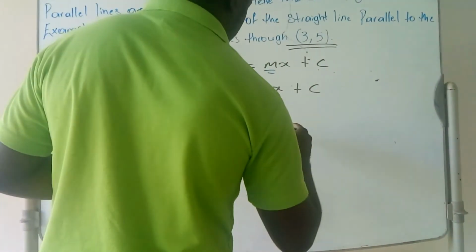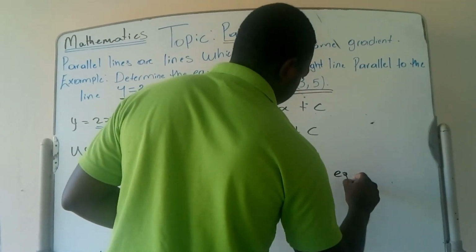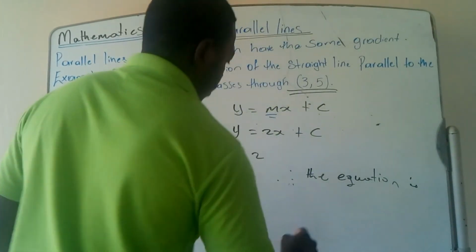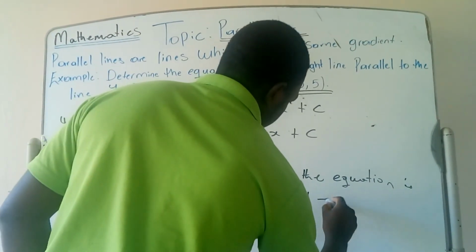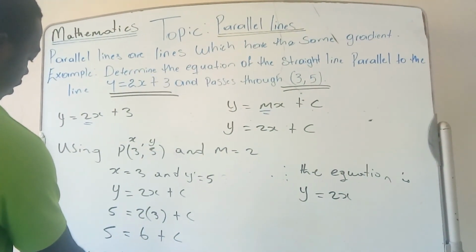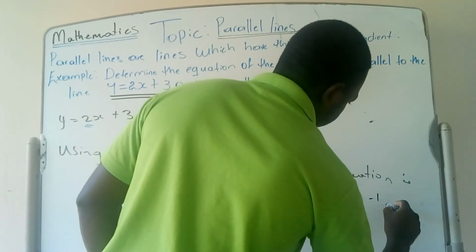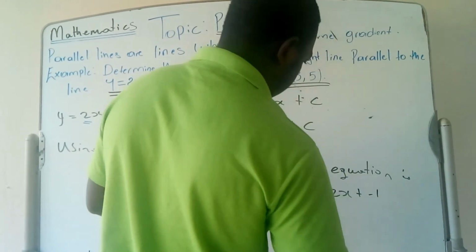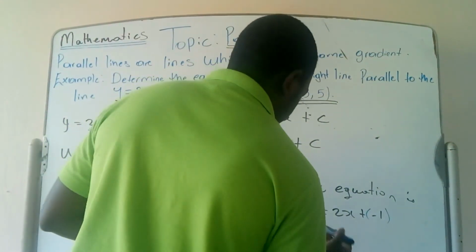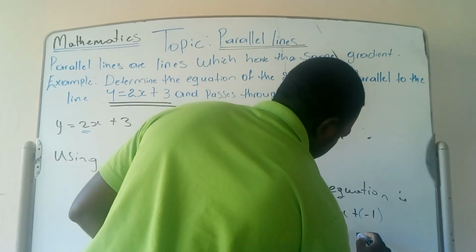So now, therefore, the equation is y equal 2x, and here our c value is negative, so it is plus negative 1. We could put this plus negative 1 in brackets. Now this is the same thing as y equal 2x minus 1.